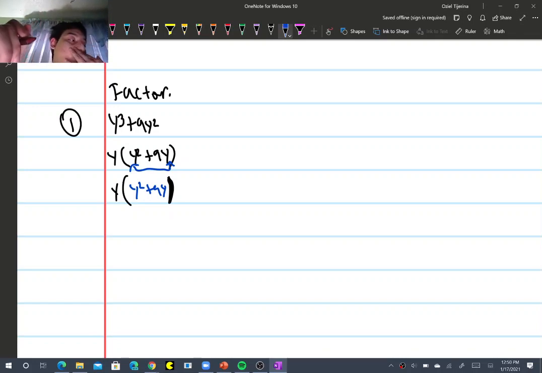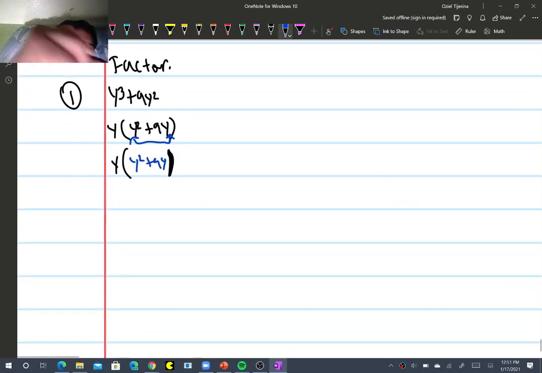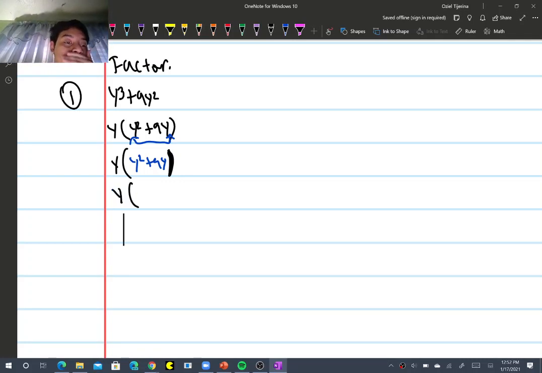What is the greatest common factor that we can factor out? There's a y squared and a y, and those two have one y in common, so we can take a y out of there.